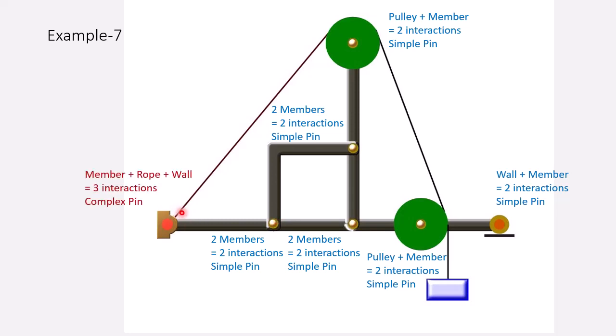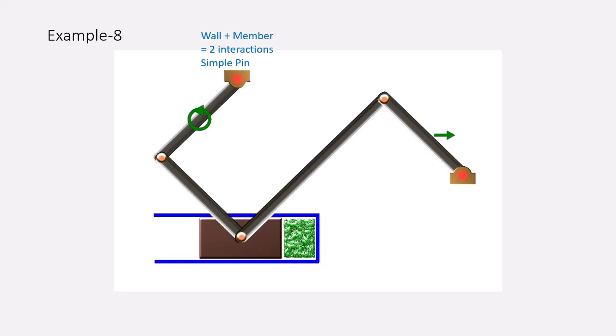A member, a rope, and wall, three interactions, complex pin. Wall and member, simple pin.